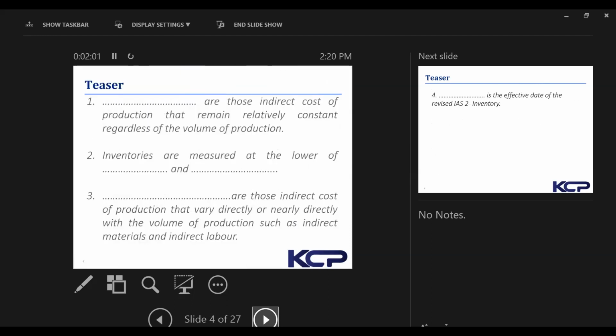But before we go to the main content per se, let's test the waters. Let's test some of your prior entry behavior on the subject of this course.